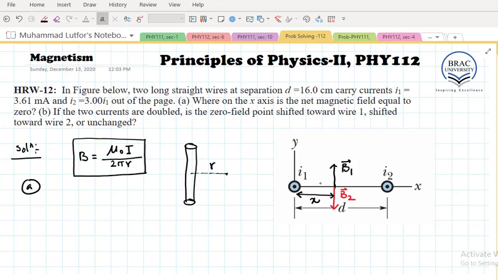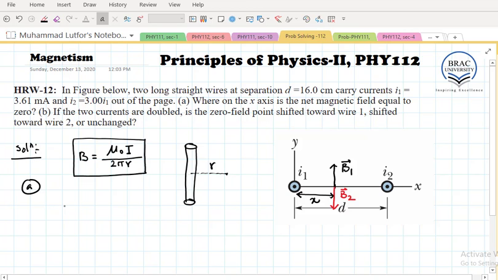Since the current in wire 1 is out of the page, the magnetic field at that point will be upward, and the magnetic field for current I2 will be downward. Now these two magnetic fields are going to cancel each other at that point.